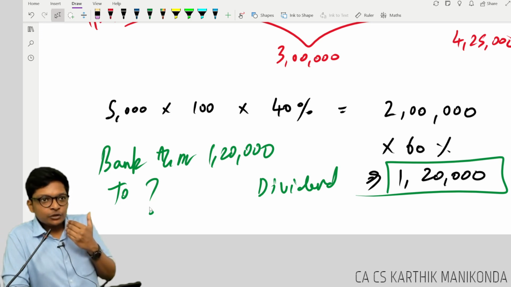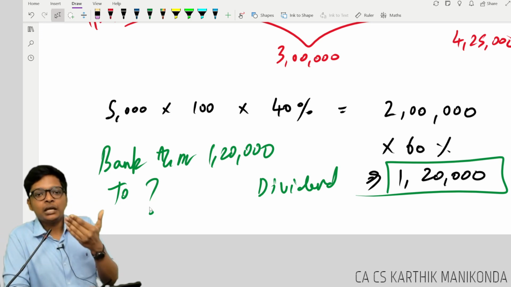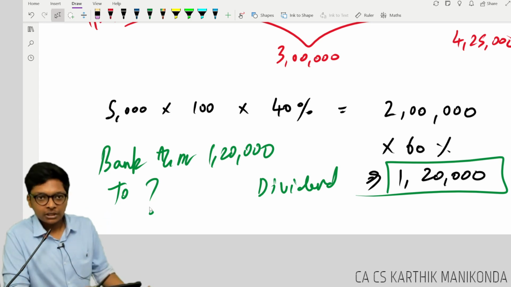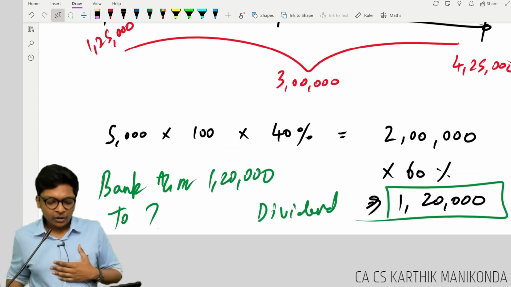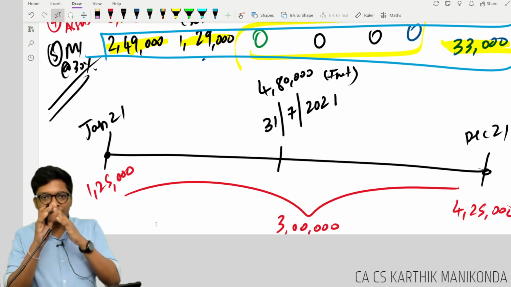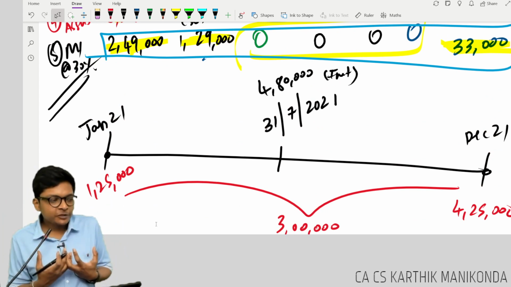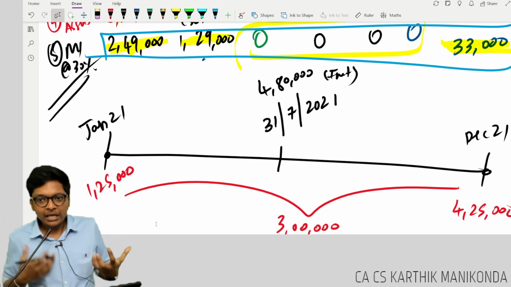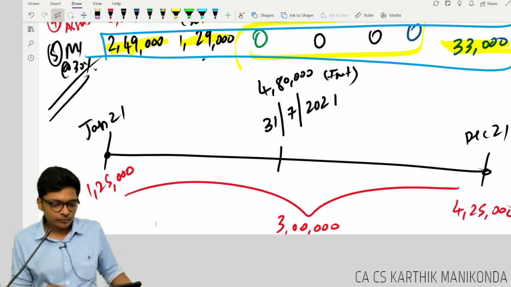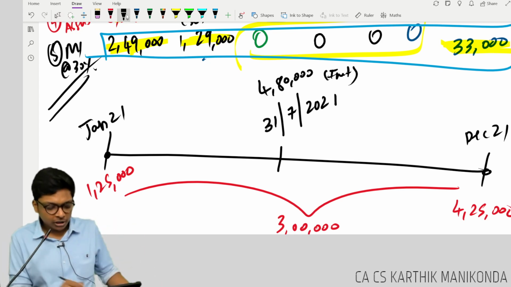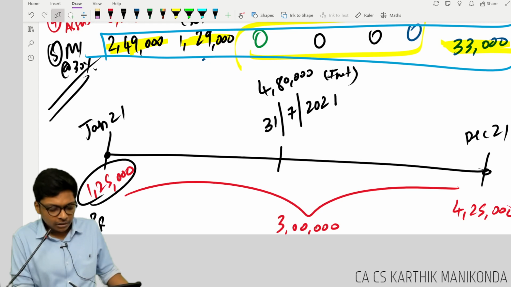Proportionate. That means we should find out how much dividend is from pre and how much is from post. For that only, we are going above to find the split of how much profit is pre and how much is post. I know for sure 1,25,000 is pre.